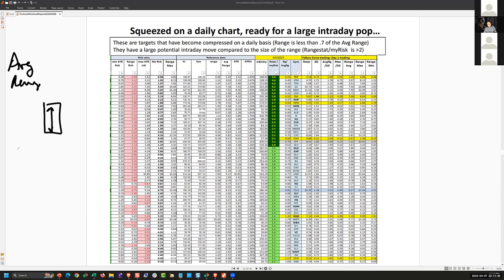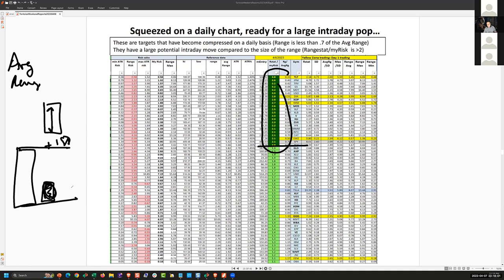So if the average range is way up here, but today's range was a tiny little compression, this ratio tells you how many of today's ranges fit inside a range stat, which is the average range plus 1 SD. So if I get something that's better than 2, just by using the mechanical range, if it makes a range stat move, I'm going to get a huge one-day trade.